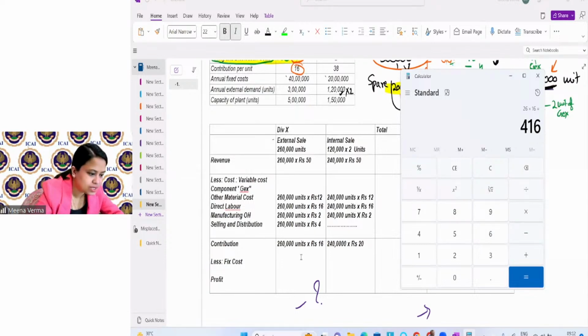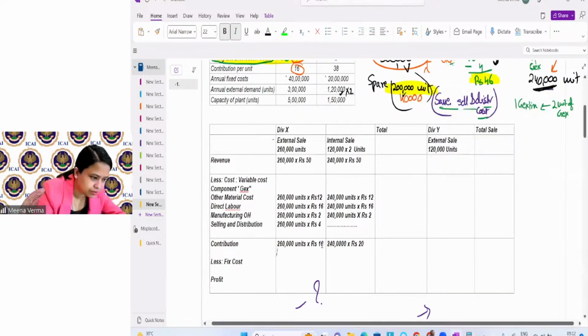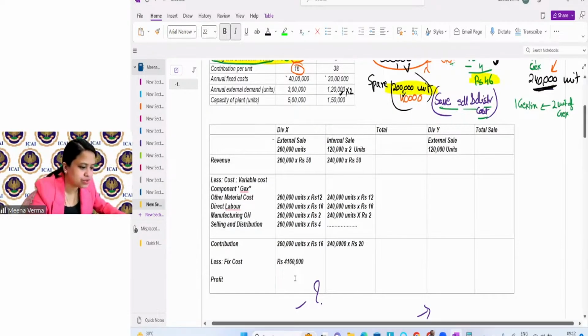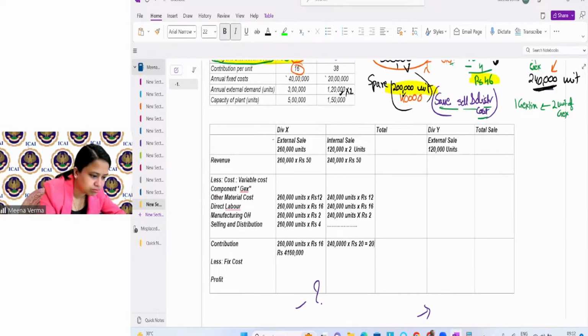Okay, rupees 4160. This is the contribution in this case. And here what is coming, it is not giving me the answer. Okay, let's go, rupees 48.